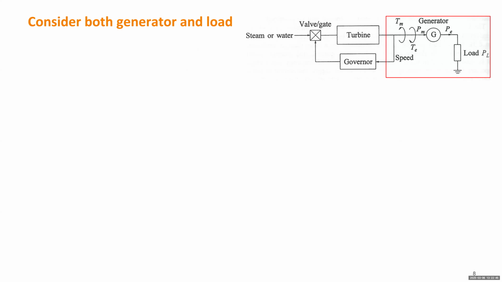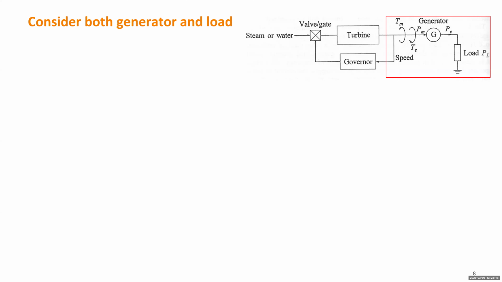Okay, so now we need to gradually model this entire system. We start from this generator model. Why do we want to model the generator? Because although we have discussed generator modeling for many lectures, we never discussed modeling the generator together with the load. The previous session was about load modeling, and the session before was generator modeling.